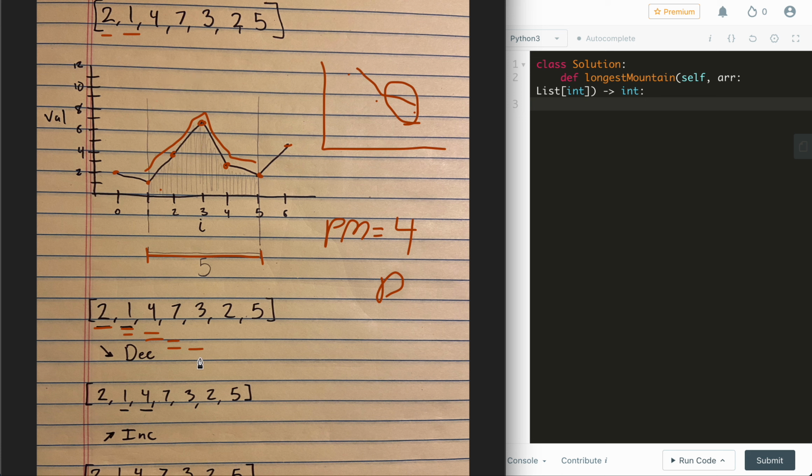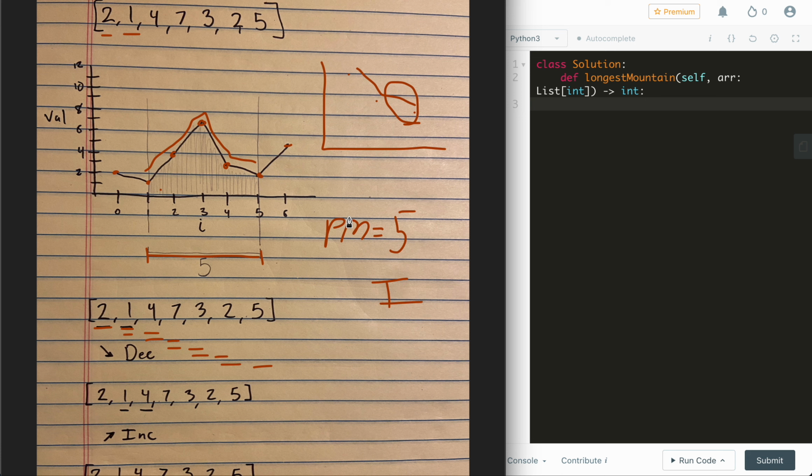And then if we continue, we go from 3 to 2, and it is still decreasing, and now our potential mountain is at a 5. And then from 2 to 5, we're now increasing again, so the mode is no longer decreasing, we're now in an increase, so we can set it back to that.